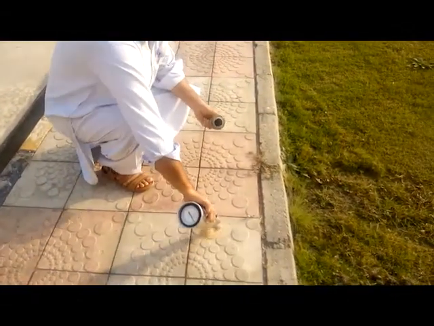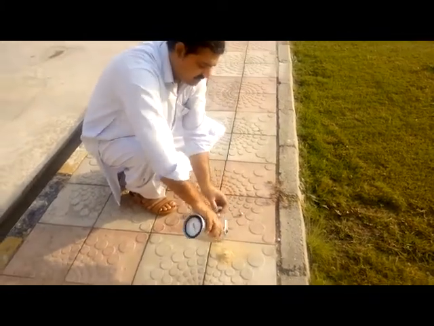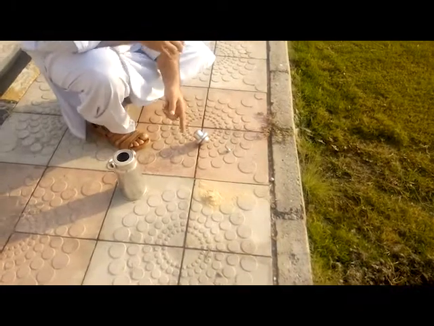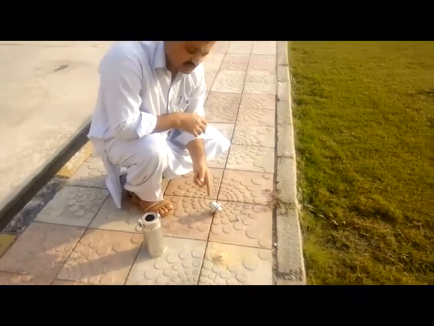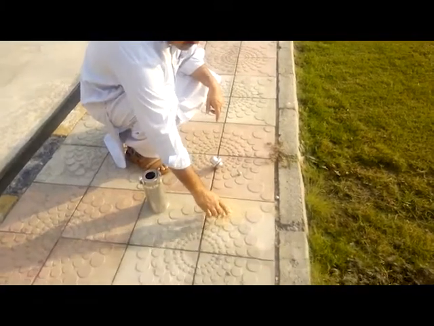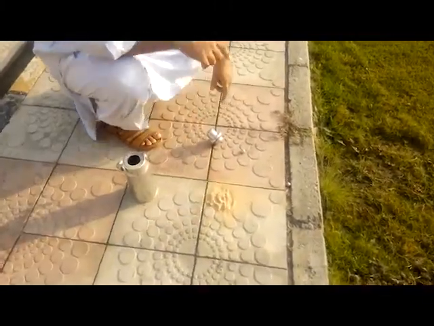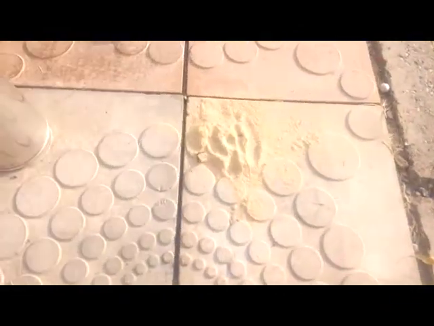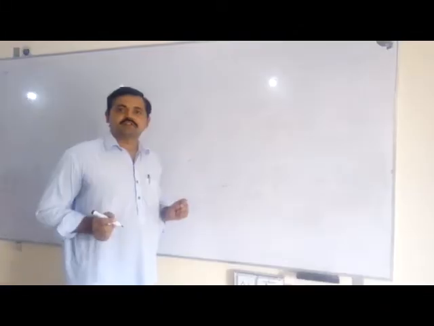Now we will remove the soil sample from the speedy moisture tester, and if let's suppose there are any clay lumps present inside the soil sample, then the test will be repeated. But you can see there are no clay lumps present inside the soil sample, so we can officially stop the test. Moisture content.